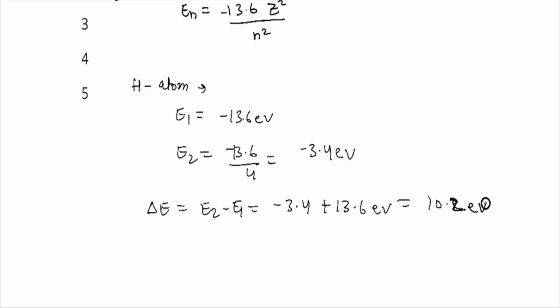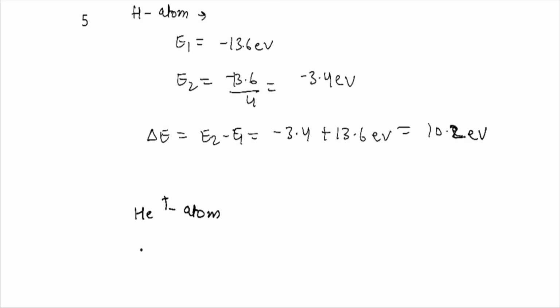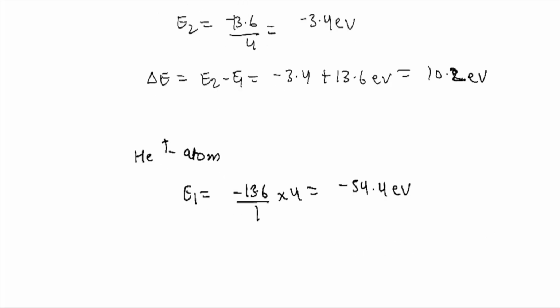10.2 electron volt. Now, if we talk about the helium positive atom, its state E1 is given by minus 13.6 into 4, which equals minus 54.4 electron volt.